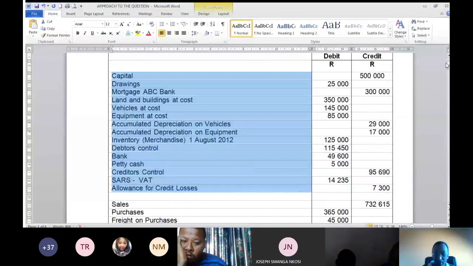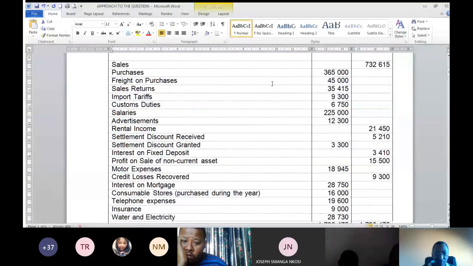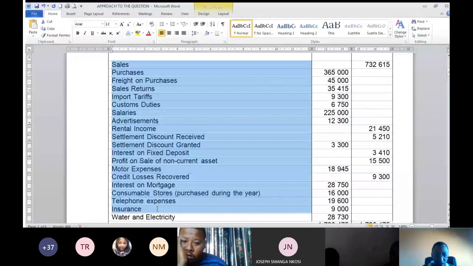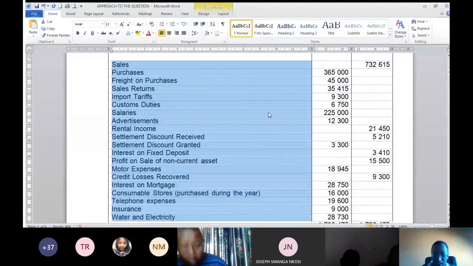The second section at the bottom of the trial balance, from sales right down to water and electricity, are all my nominal accounts. All the income and all of my expenses are listed in this section.